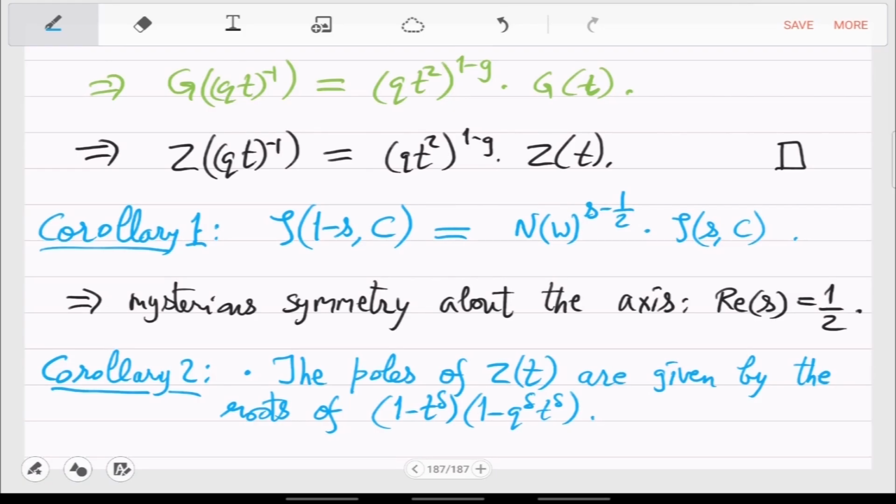And since we don't know whether delta is 1 or bigger, at this point we don't know how many poles there are, but they are of a simple type. Essentially t equal to 1 or t equal to 1 over q.